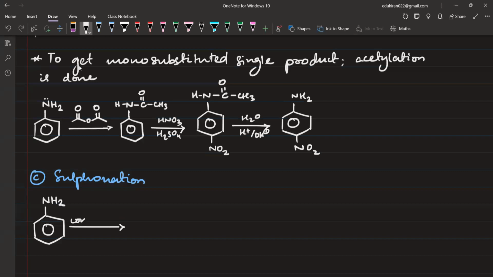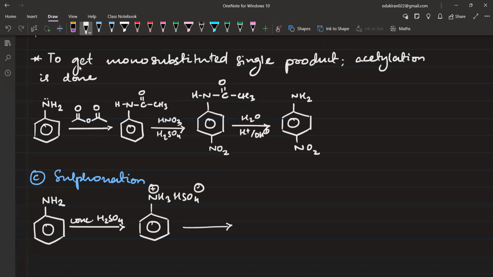We'll react this with concentrated H2SO4 and you will get NH3 positive and HSO4 negative. Nitrogen has a lone pair of electrons. It will attack the hydrogen of H2SO4. It will get one hydrogen. So now nitrogen, which had two hydrogens, has three hydrogens with a positive charge. And H2SO4 has lost a hydrogen, so it becomes HSO4 negative.